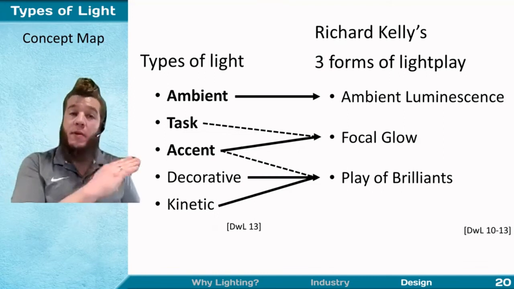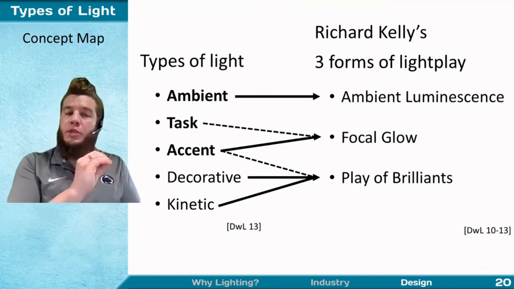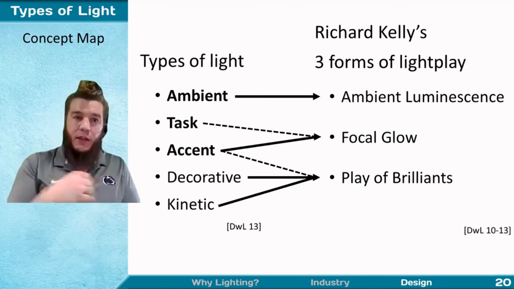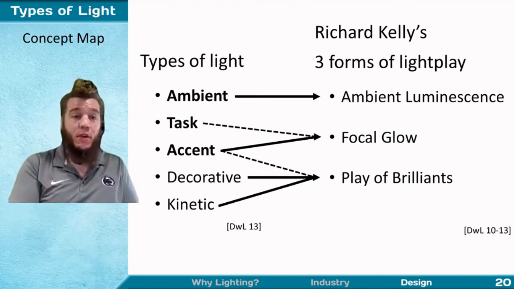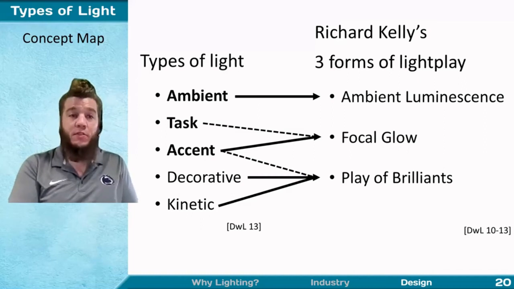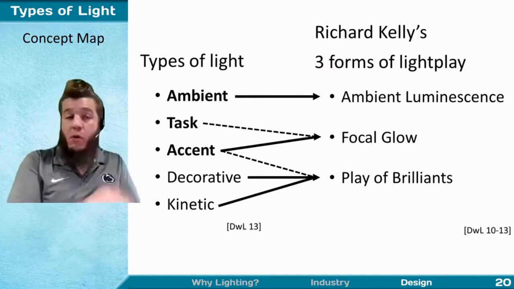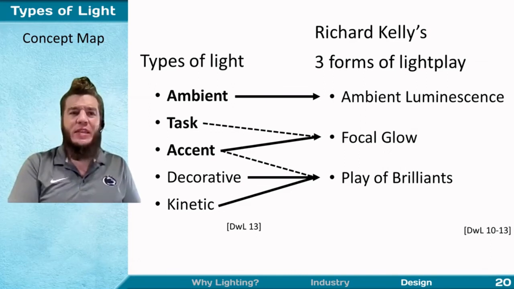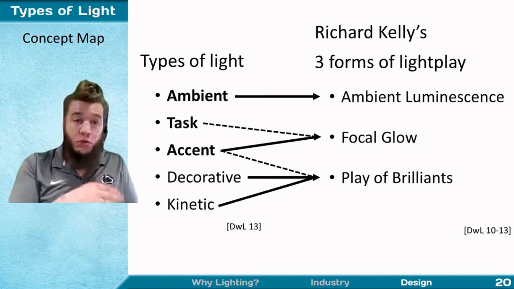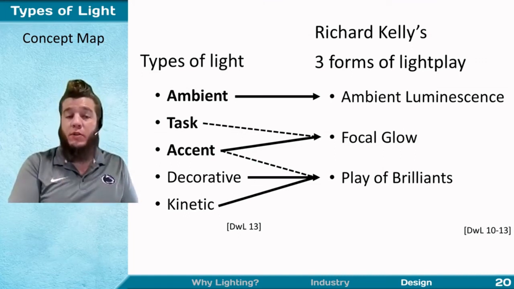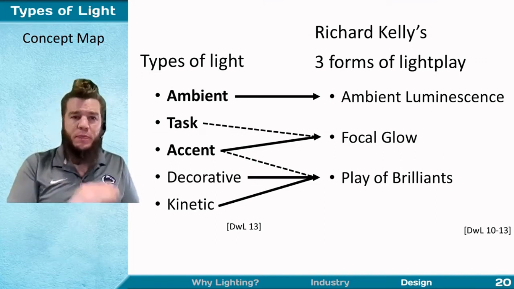When we're talking about focal glow, Richard Kelly really meant accent lighting. And so you can take a look in your textbook and read Richard Kelly's original description of focal glow and see that connection. Task lighting can also be focal glow, obviously, but doesn't neatly fit into that definition, but is nonetheless a crucial component of what we do in architecture.